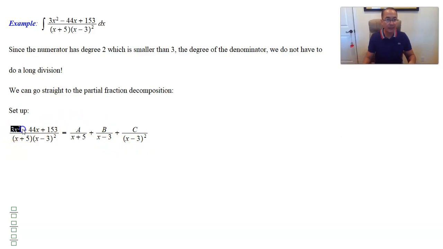As before, we can cross multiply and clear the denominators. So on the left, you will have that. Let's go a little faster this time. Instead of copying this to all three terms, look at what's going to happen. The x plus 5 in the first denominator will cancel with that x plus 5, so we will have x minus 3 squared remaining with the A. How about the plus B?